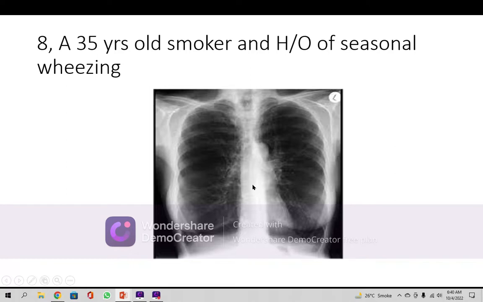If they fail, we go for the anticholinergic like ipratropium bromide. If it fails, we go for the steroid inhalations, or steroid will be given orally.